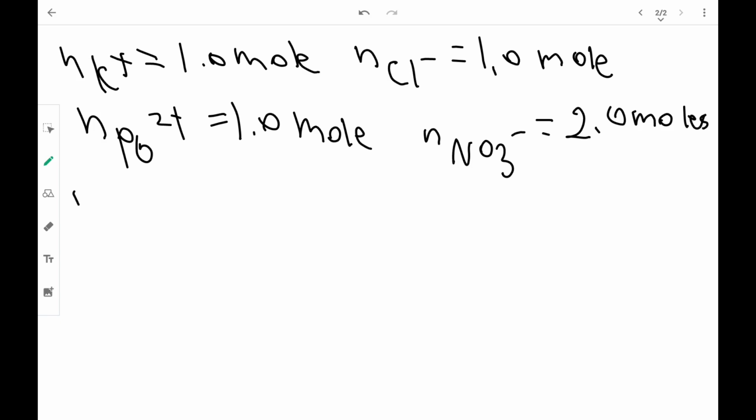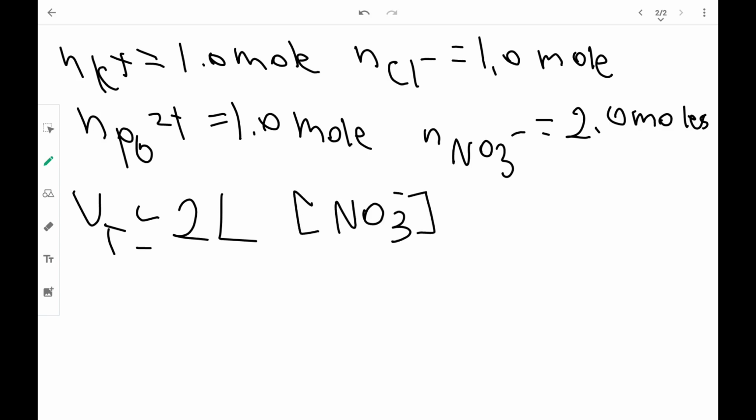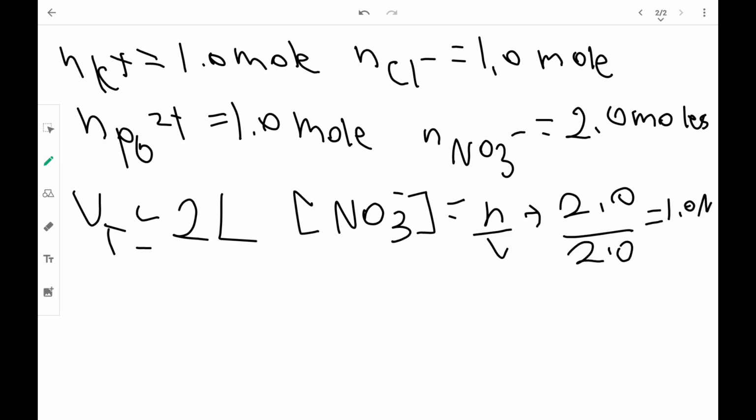Total volume is equal to 1 liter plus 1 liter, which gives you 2 liters. Okay, and now let's also find the concentration of NO3⁻, which is n over V, which is 2.0 over 2 liters, which is 1.0 molar.